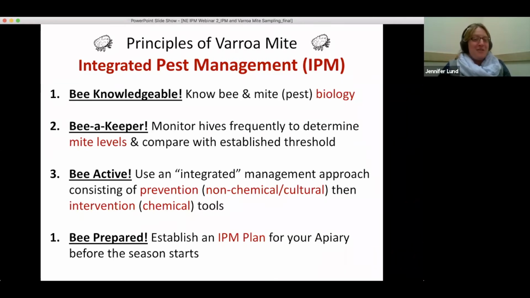Be active, use your integrated management approach consisting of prevention and intervention. And then be prepared. I don't know why that's number one again, but we're going to be prepared and knowledgeable at the same time. That's establishing an IPM plan for your apiary before the season starts. So thinking about these things beforehand. And then next slide.